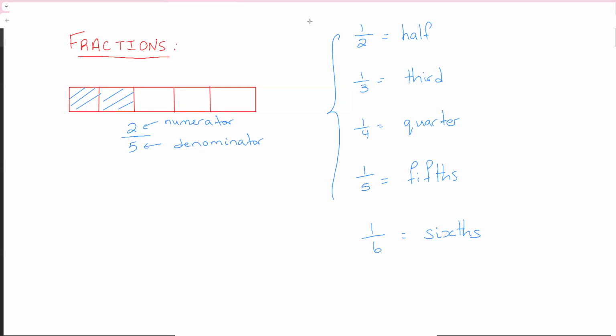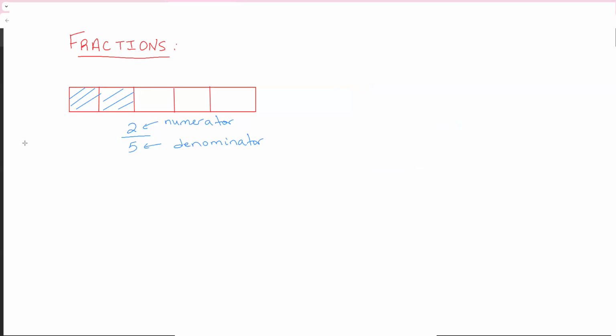Now, in a fraction, anytime the denominator is the same number as the numerator, right? So let's say we have 5 chocolate bars, and let's say we ate all of them.